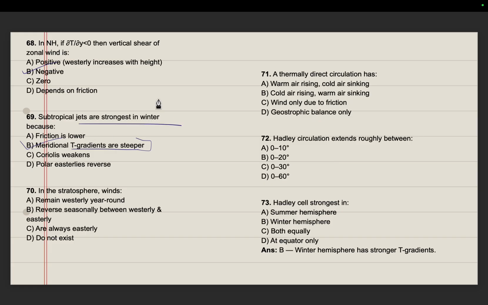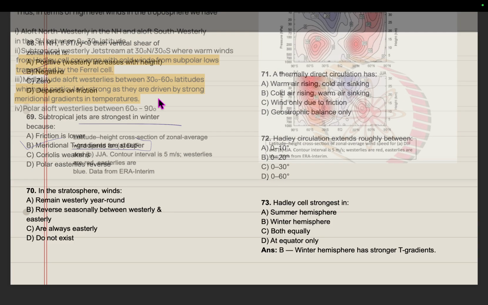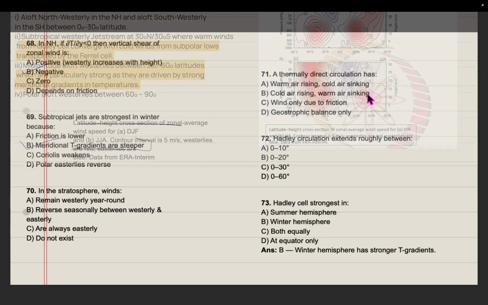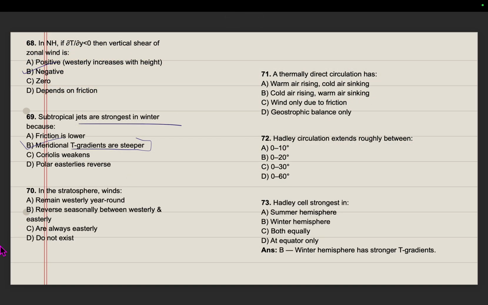And we saw the subtropical jet is at 30-degree latitude and about 12 kilometers in the troposphere. Now in 70, in the stratosphere, winds remain westerly year round, reverse seasonally between westerlies and easterlies, or are always easterlies.